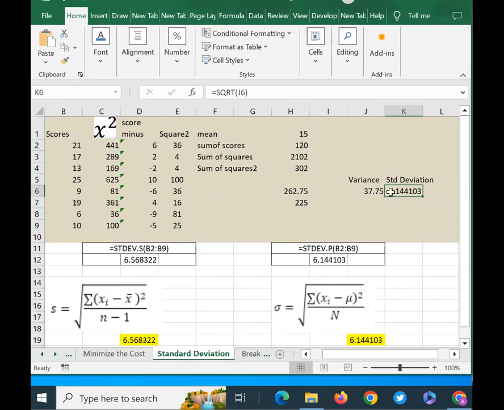So this is going to get you this. It is going to take a lot of time and effort if you don't use the Excel provided functions such as STDEV.P, right? So this is actually the standard deviation.